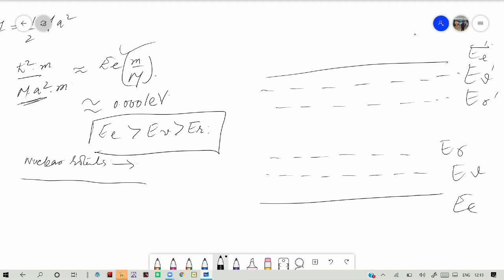From that, we can conclude that electronic energy levels have a large energy range as compared to vibration and rotation. So one point is common here, that whenever there is a vibrational motion, there will be a rotational motion. You cannot avoid rotational motion from the vibrational. ER lies in between the vibration and the electronic.